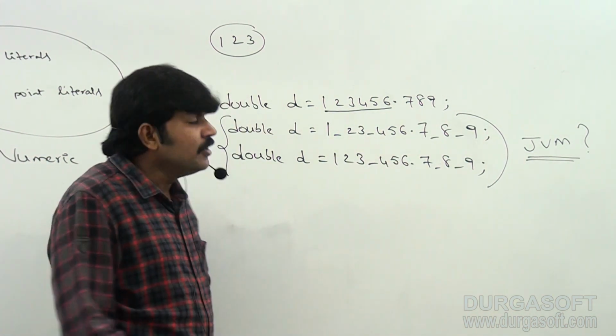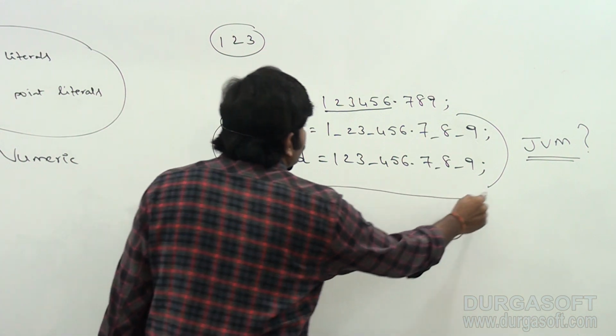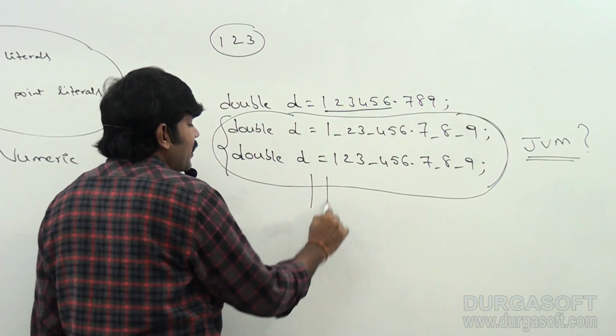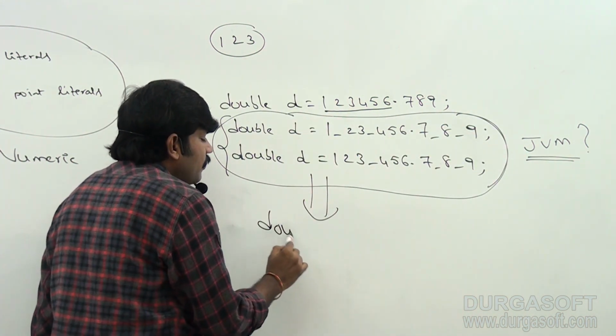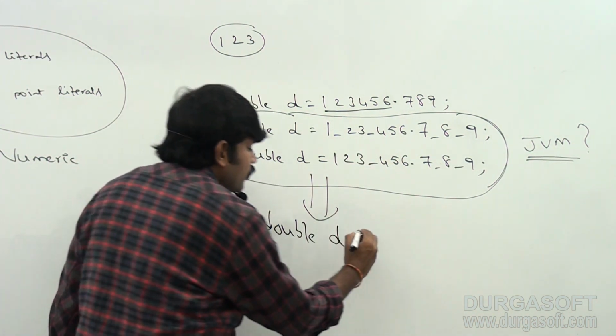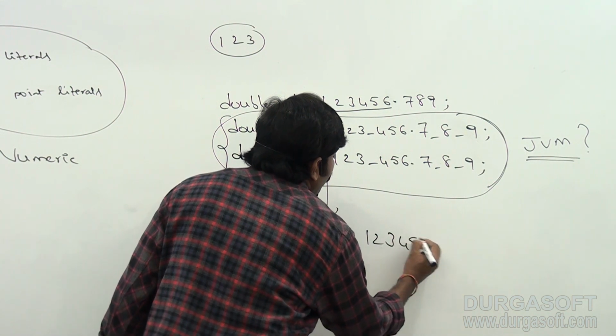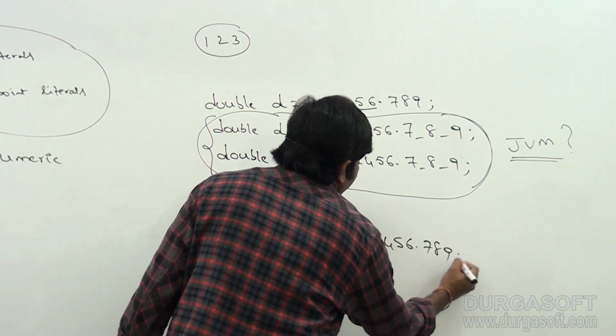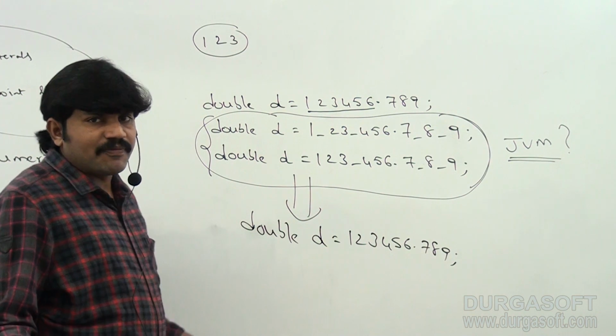Remember that. After compilation, these 2 lines will become double d is equal to 123456.789 only. There is no difference at all.